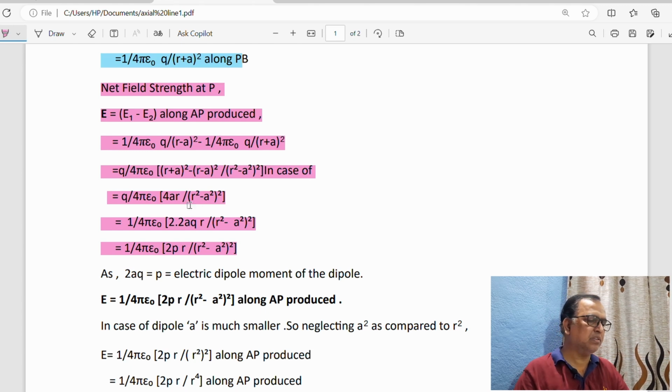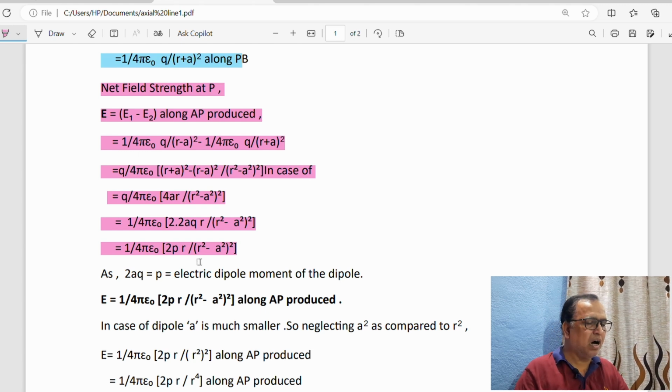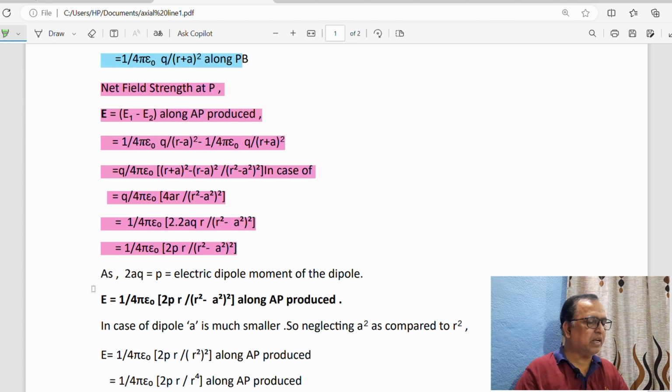As 2aq is equal to p, the electric dipole moment, E is equal to 1 by 4 pi epsilon naught 2pr by r square minus a square whole square along AP produced. That is the net field strength.